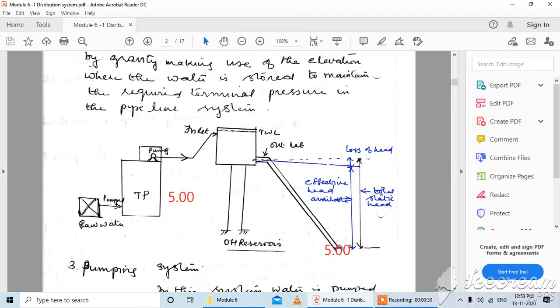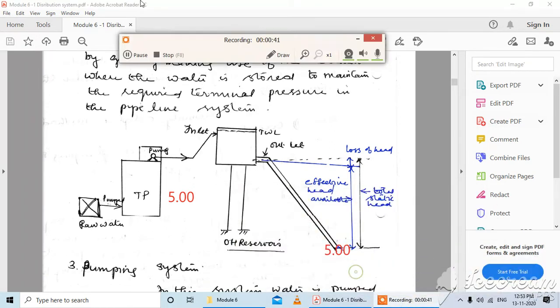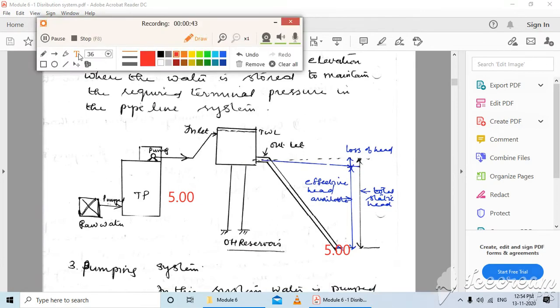Now here imagine that we are having another point.